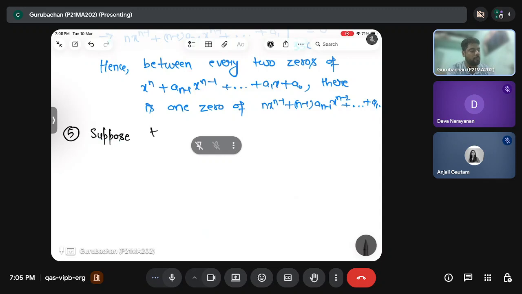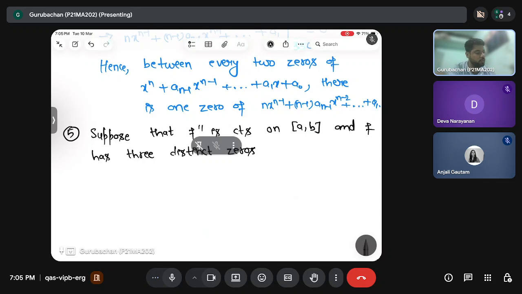Rolle's theorem. Suppose that f double dash is continuous on [a, b] and f has three distinct zeros in the interval.